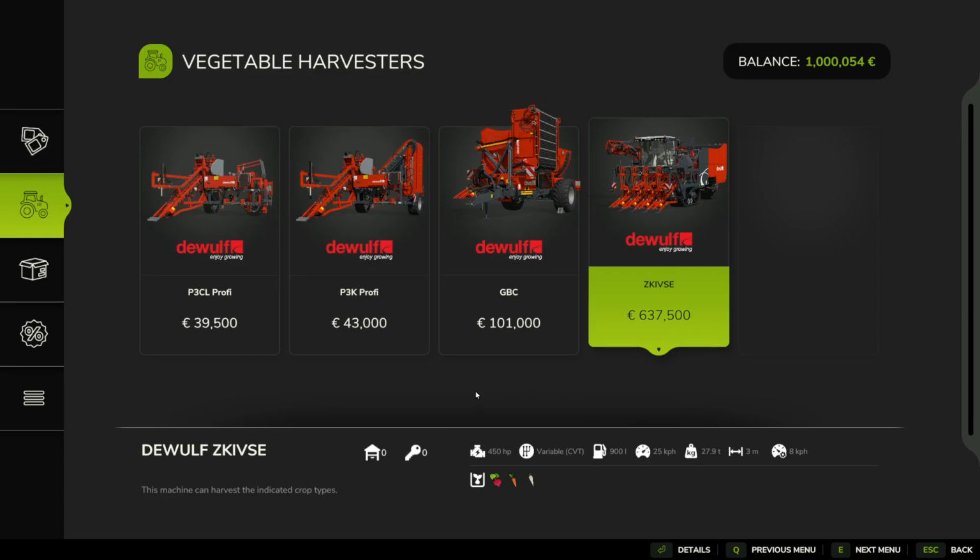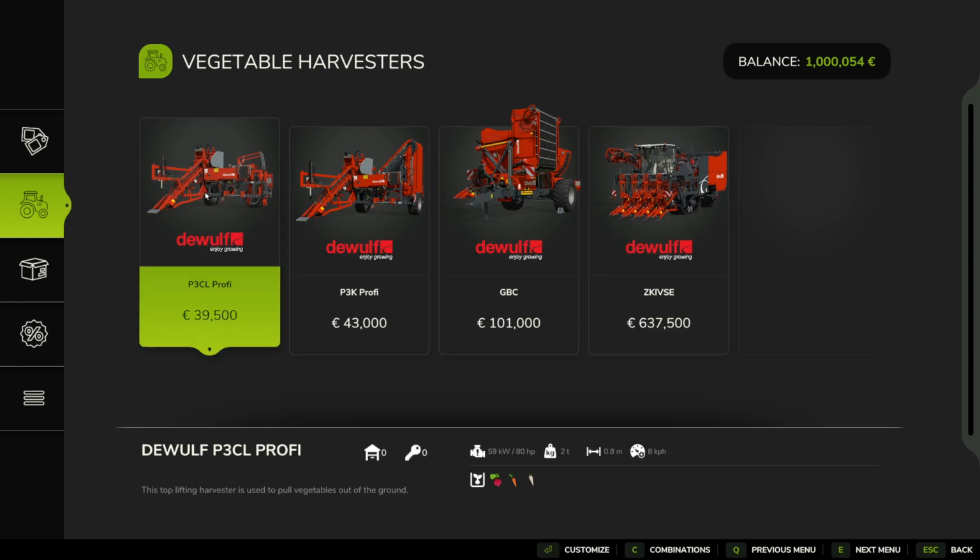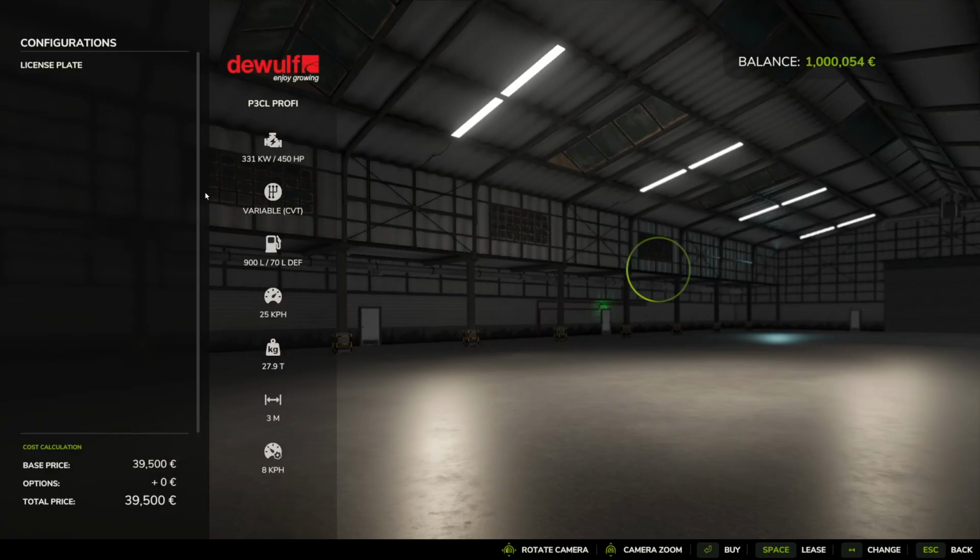But about leasing, when you just want to try the carrots, I would say, yeah, try it before you grow more than half a hectare. Then this is a very nice harvester. It's a lot of work. All the carrot harvesting is a lot of work.